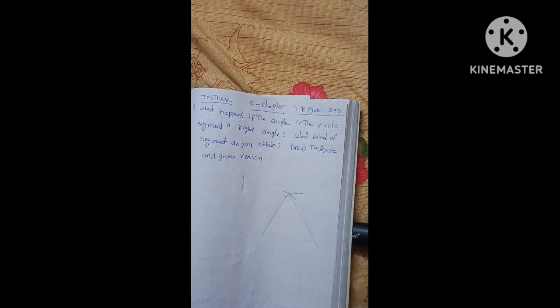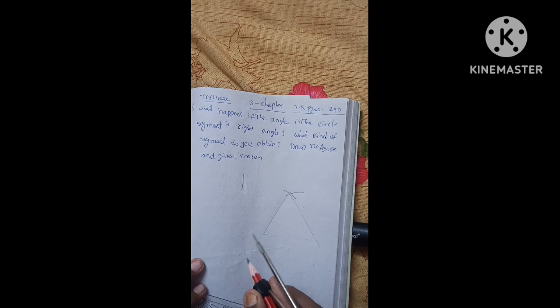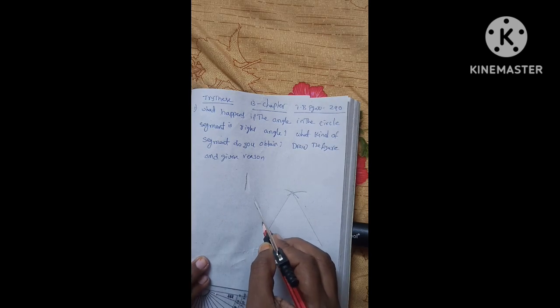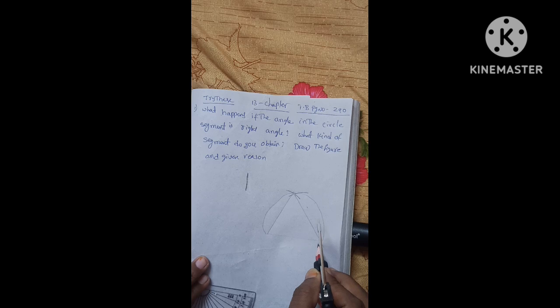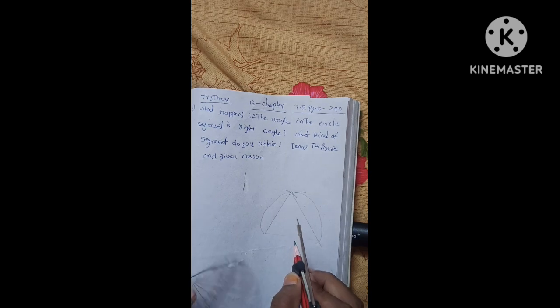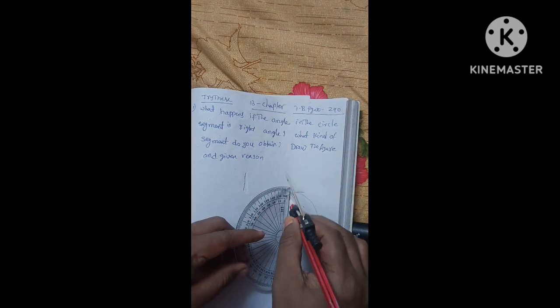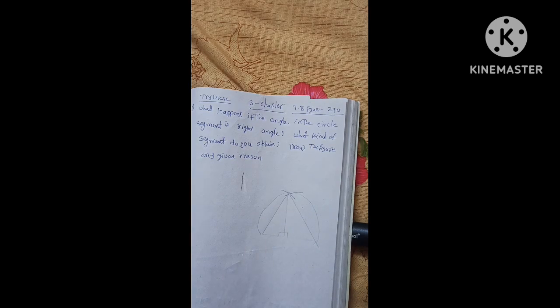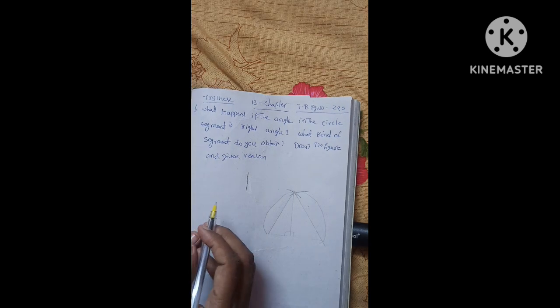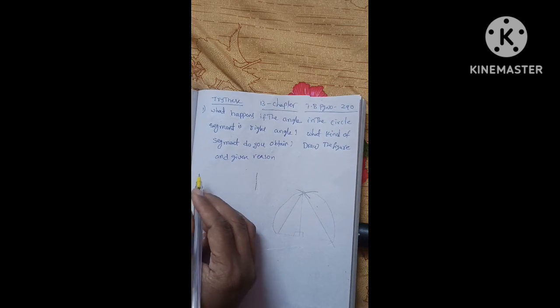In this one you can draw it exactly like this. Formed here, what is formed? 90 degrees. Okay, now draw. Okay, answer you can draw. Write the answer in the steps.